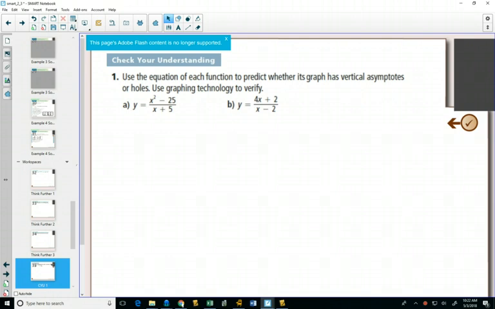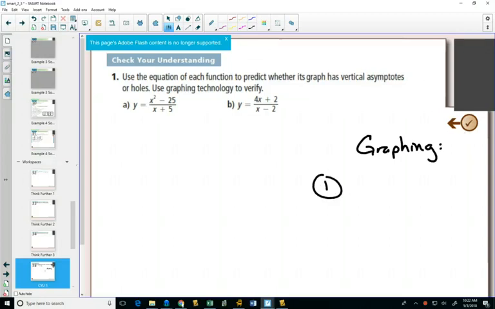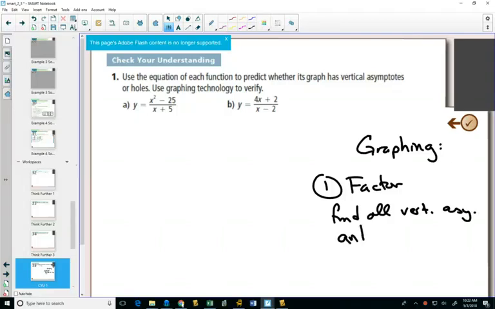Okay? And as far as graphing goes, the steps for graphing: number 1, you're going to factor as much as you can and find all vertical asymptotes and or holes.